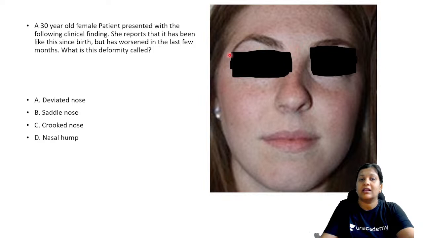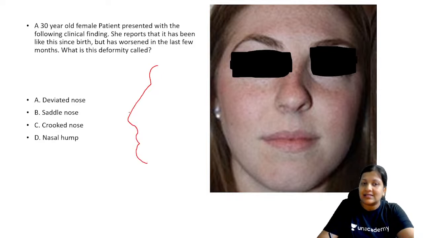So the first thing that you need to look at is whether this is a saddle nose or a hump nose. For that, we have to look at the dorsum of the nose in the midline: is there any excessive projection or any excessive depression? If there is excessive projection on the dorsum of the nose, we call this deformity a hump nose.